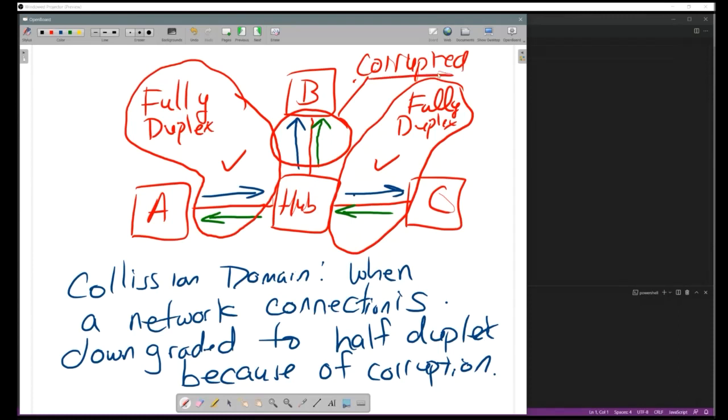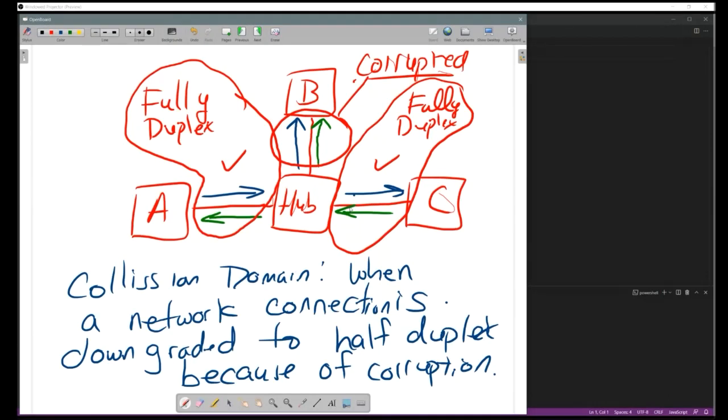So a collision domain occurs when you're using a hub. What happens is the connection itself is degraded to being half duplex. Even though each of these cables themselves are fully duplex, when you introduce the hub, the entire connection gets degraded to half duplex, meaning that only one party, whether it be A, B, or C, can transmit at a time.